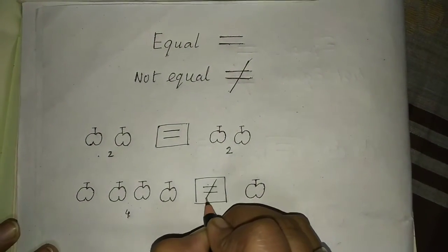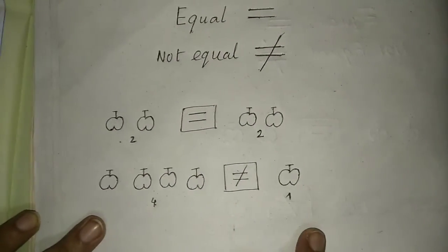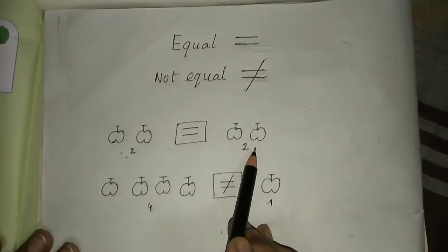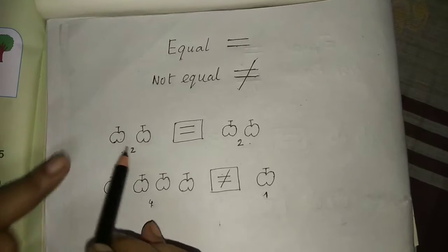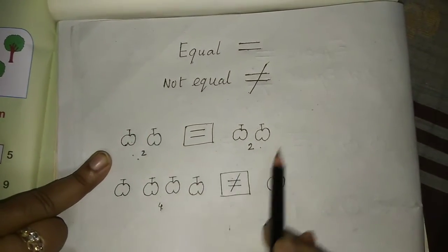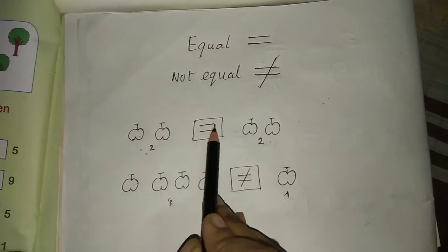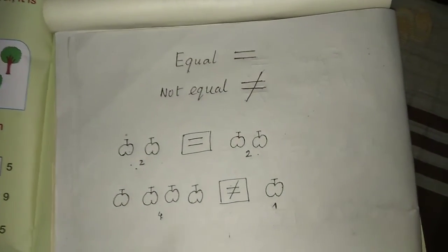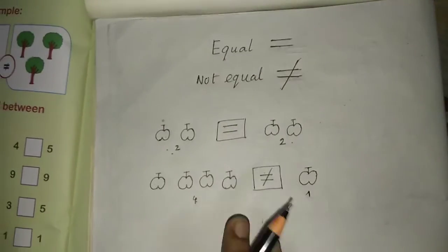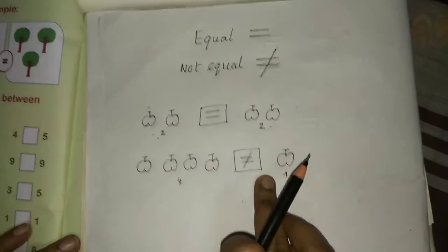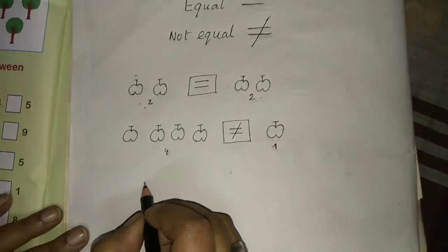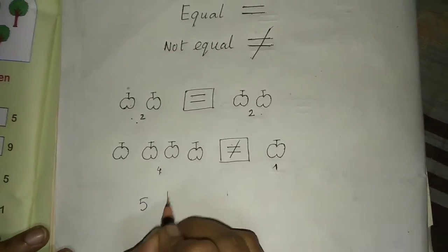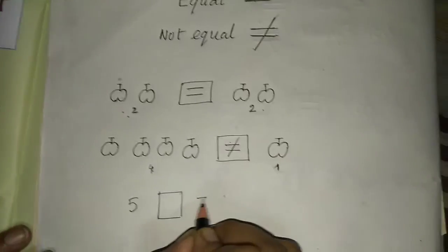So we put this symbol here, which denotes not equal. If both sides have the same number of objects, we put the equal symbol, and if the counts on both sides are not the same, we put this symbol. Next we will do some numbers. Suppose I write 5, a box, and 5 on the right side.